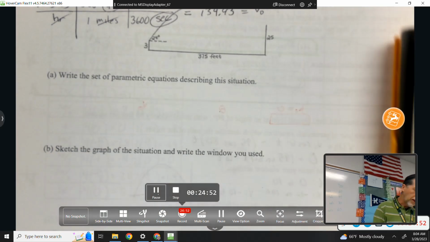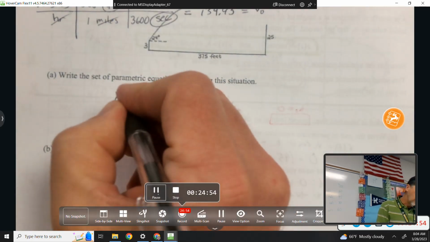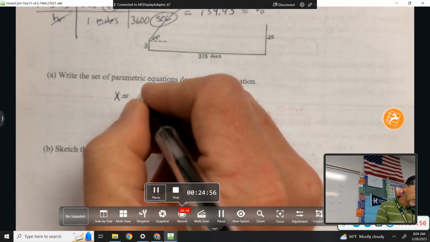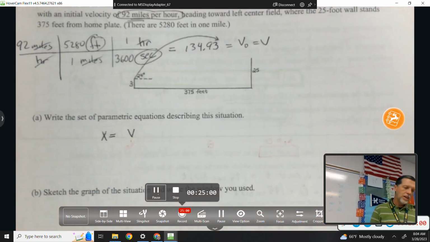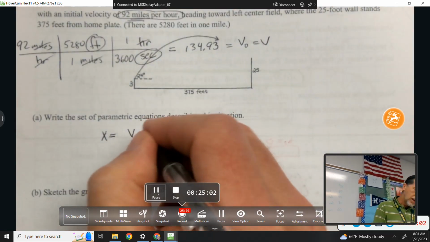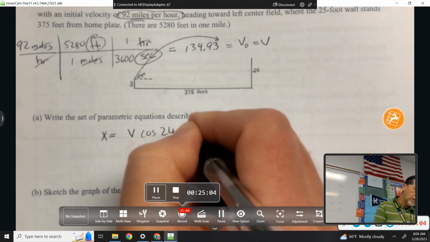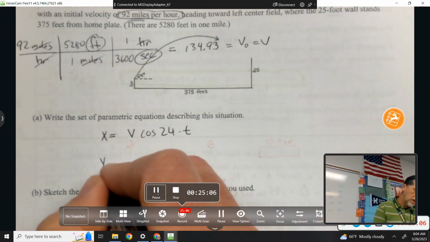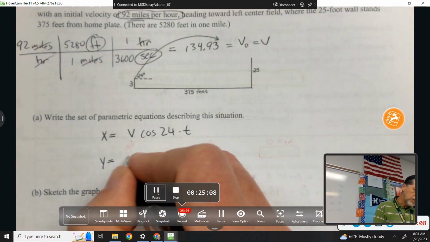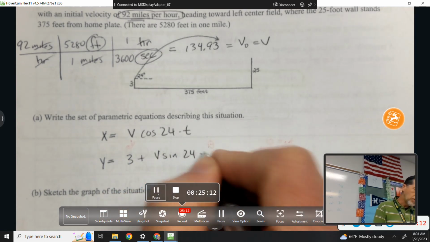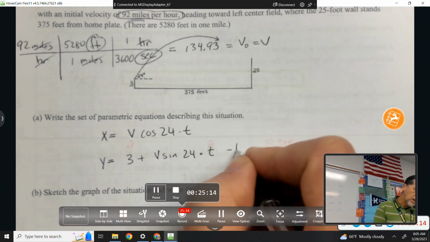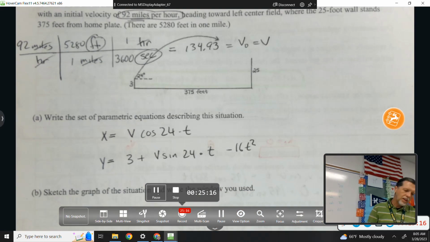Okay, write the set of parametric equations. X equals V, since I called it V, cosine 24 times t, and y equals 3 plus V sine 24 times t minus 16 t squared.